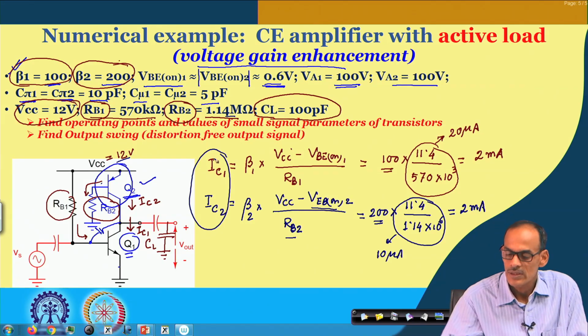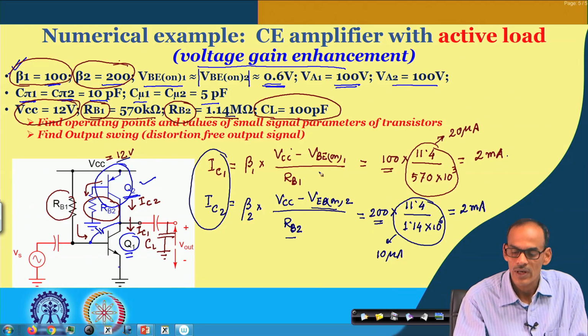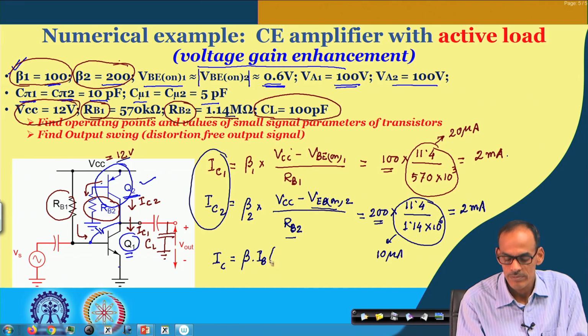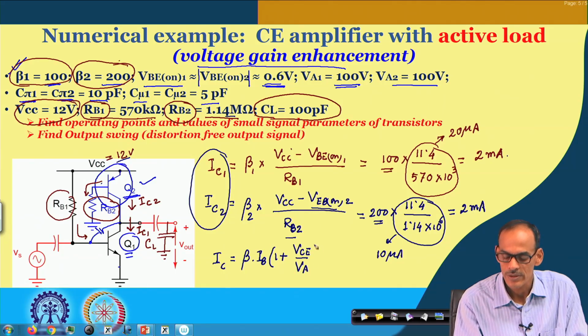Note that in this equation we have not considered the effect of early voltage. In fact, what we should do is IC equals beta times IB, and then we should multiply with 1 plus VCE divided by the corresponding early voltage.